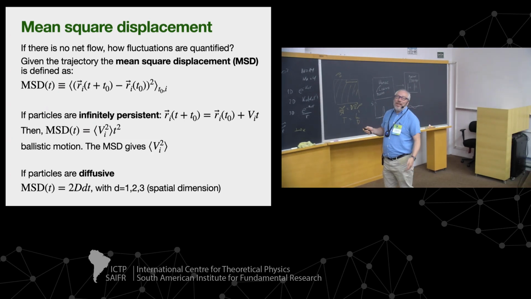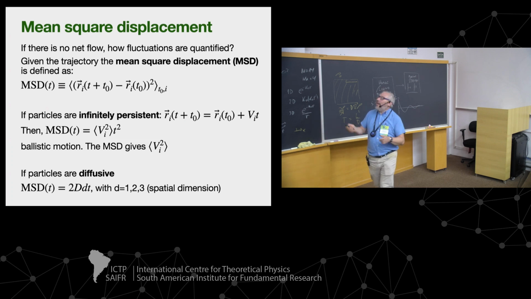And you get two things if you get this result. You are getting that particles are essentially persistent, and also you get the average of the velocities, the mean square velocity.